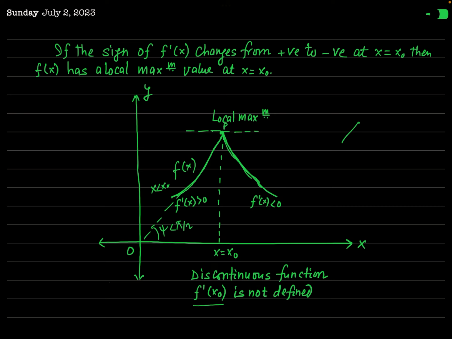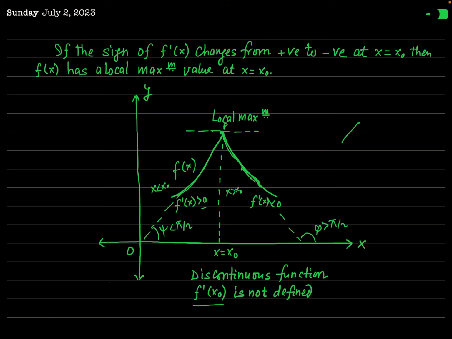I have written here that f dash of x is greater than 0. But for a point in the region where x is greater than x naught, the tangent makes an angle phi greater than 90 degrees, and so the slope will be negative.